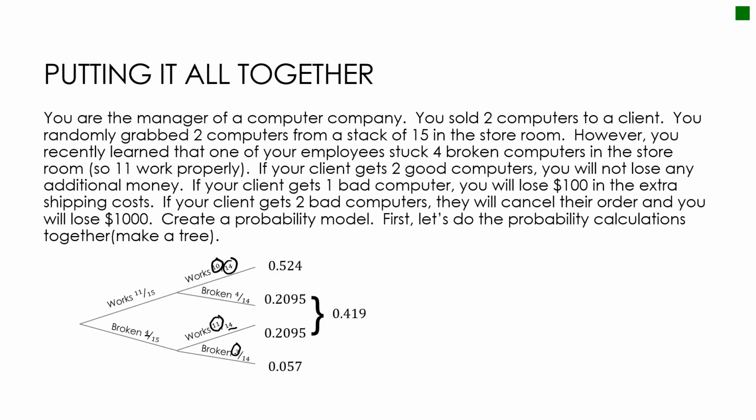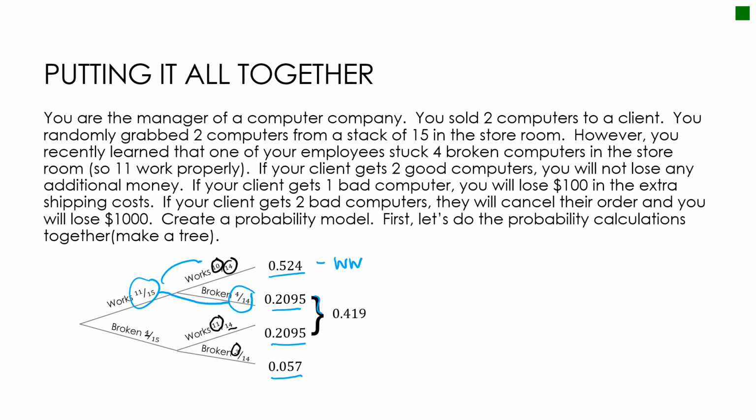Again, I'm just going to look at the probability by multiplying, and notice I looked at those probabilities as fractions so that I didn't have to round in the middle. So I took 11/15 times 10/14, and then turned that into a decimal. Then I took 11/15 times 4/14 and turned that into a decimal, and I continued. Now, my outcome is that the person gets 2 working computers.